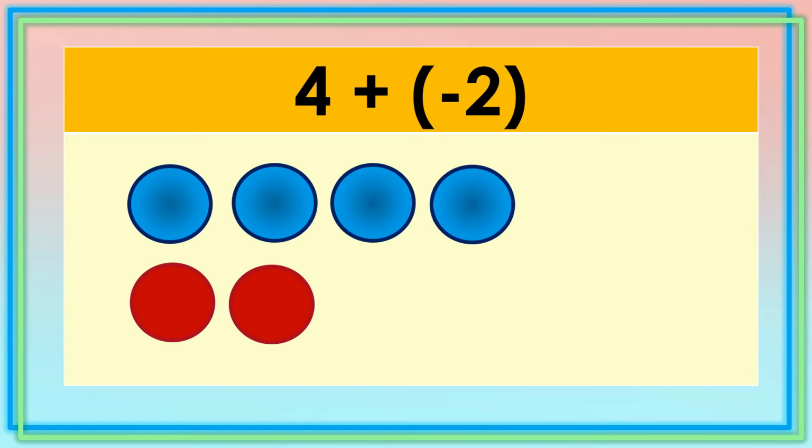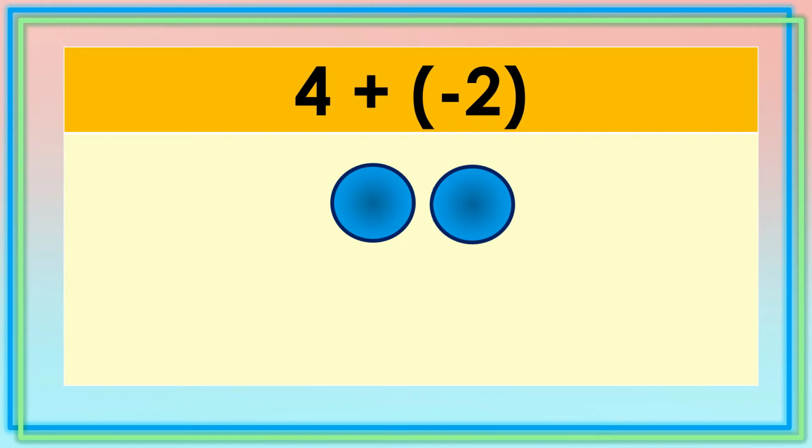May nakikita ba kayong zero pair? O yung magka-partner? Isang red at isang blue? Meron. Meron tayong 2 pair. Tanggalin natin yung isa. At tanggalin natin ang pangalawang pair. Ang natitira lang ay 2 blue chips. So, ibig sabihin, positive 4 plus negative 2 is equal to positive 2.